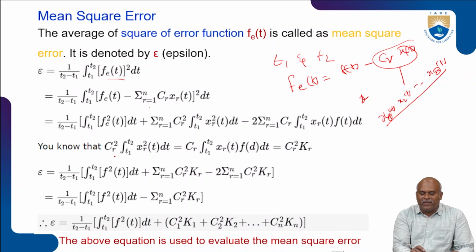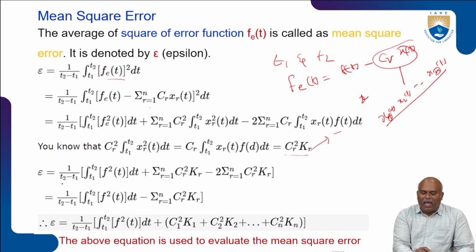We know that c_r squared integration from t1 to t2 of x_r squared(t) dt is equal to c_r integration from t1 to t2 of x_r(t) f(t) dt, which is equal to c_r squared k_r. Then we may substitute this value here.